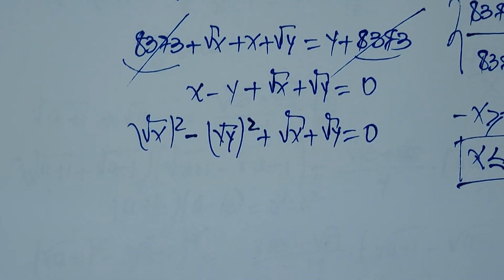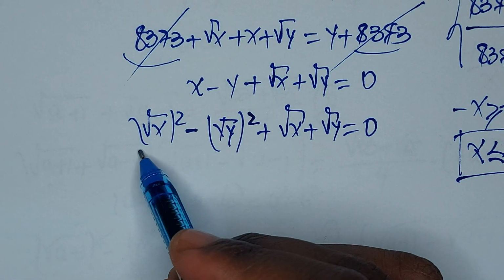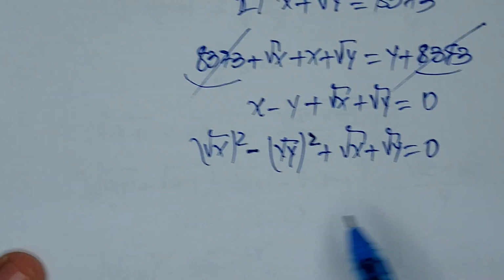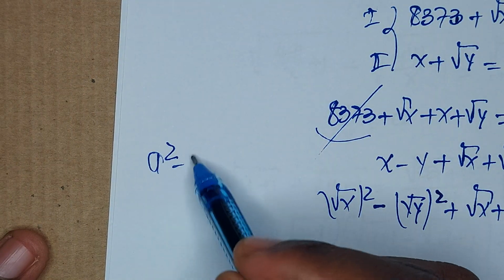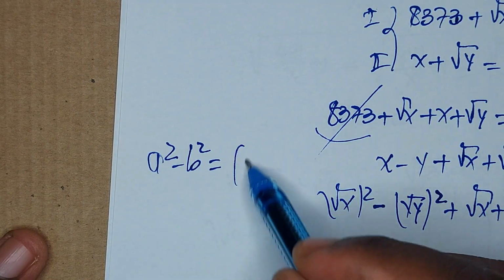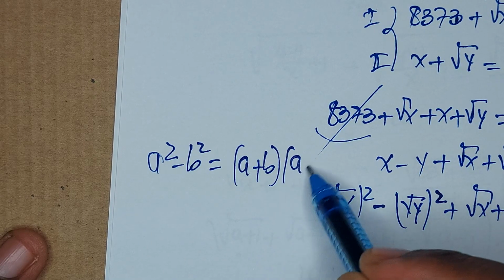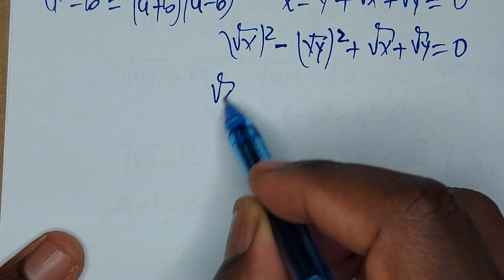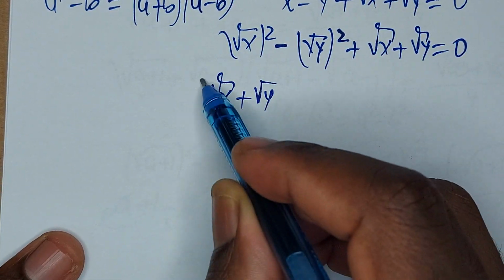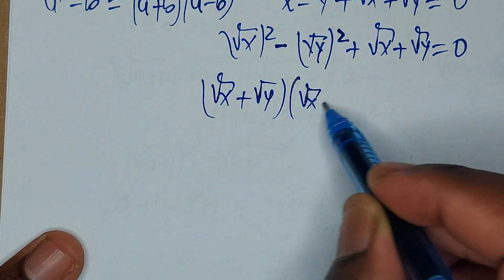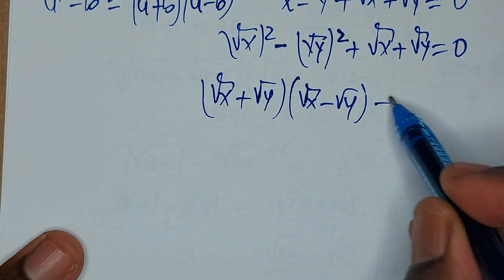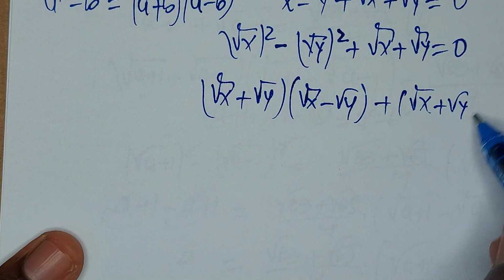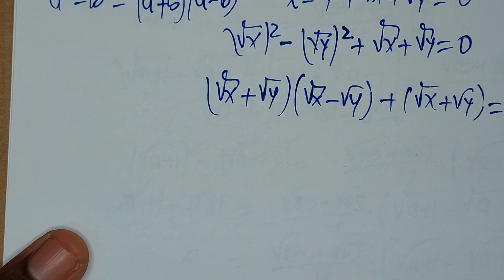And from here, this one is the same thing as a squared minus b squared, which is a plus b multiplied by a minus b. So this would be square root of x plus square root of y, multiplied by square root of x minus square root of y, plus this, I'm going to put in brackets just to factorize.